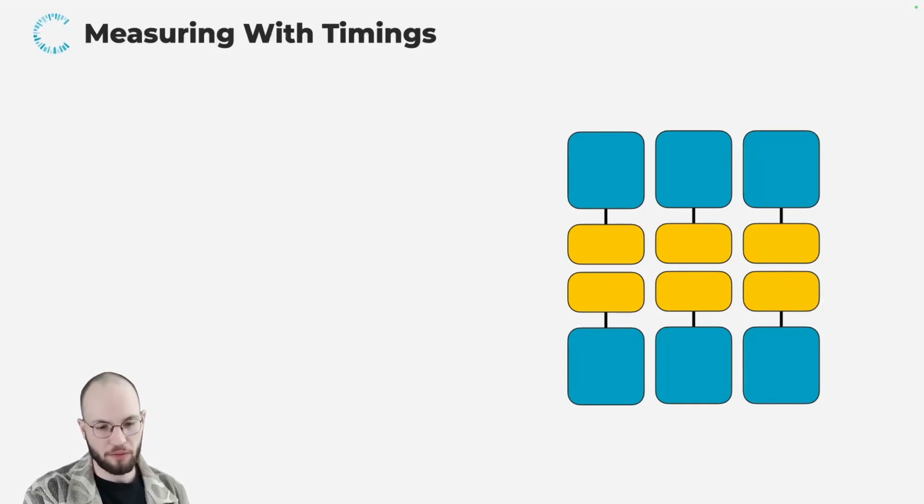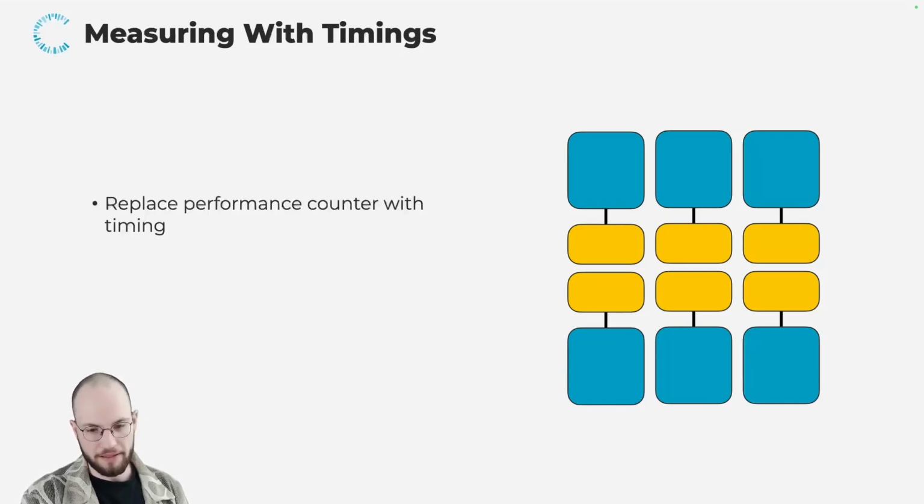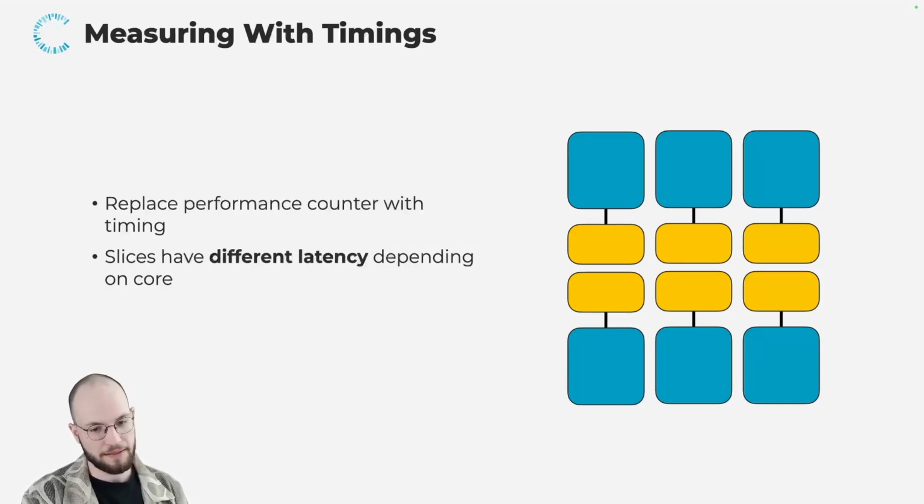With timing, it would be a little bit more complicated, but this is also the more general way. You do not always have these performance counters that allow you to read out the cache slices. So with timing, there's the insight that you can replace the performance counters because the slices have a different latency depending on the core.